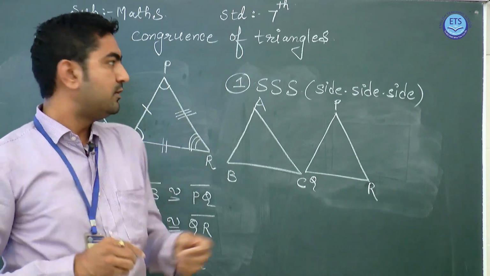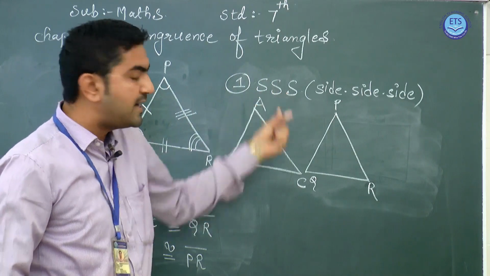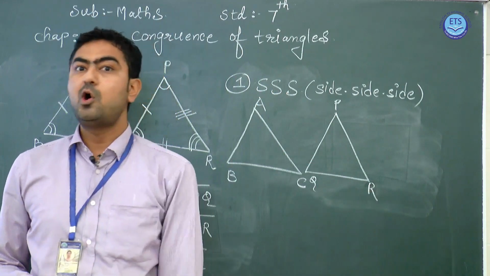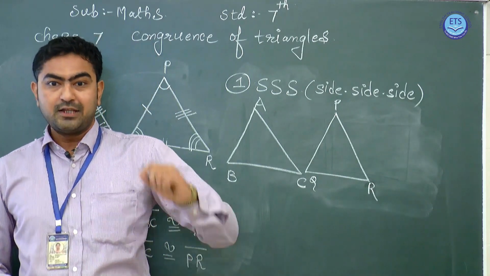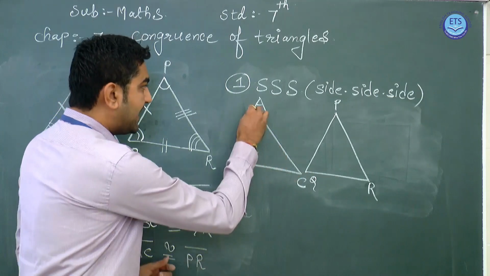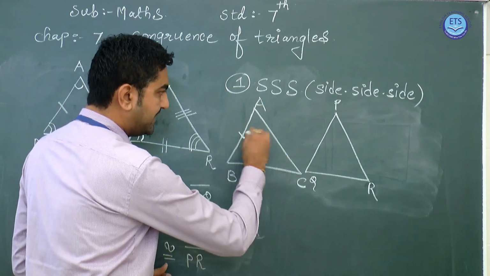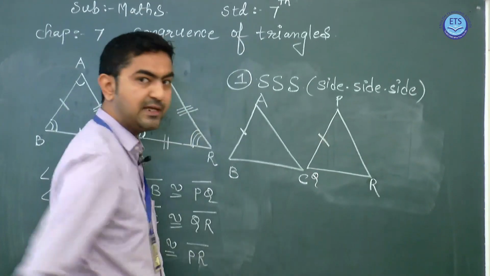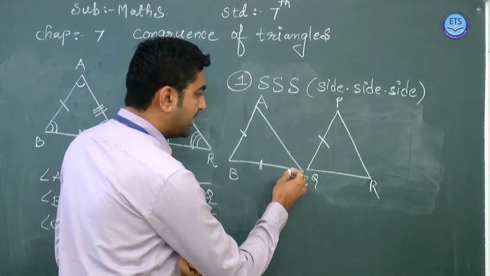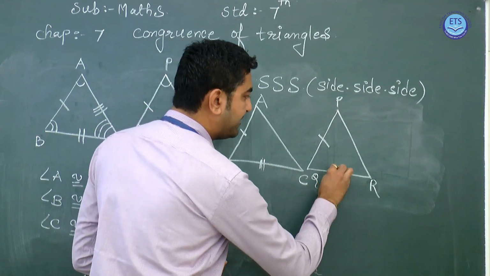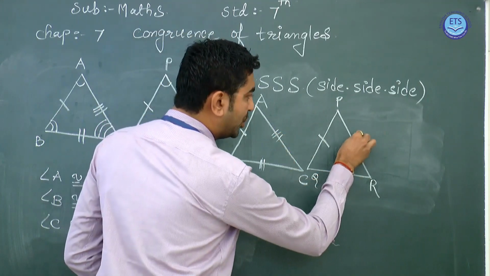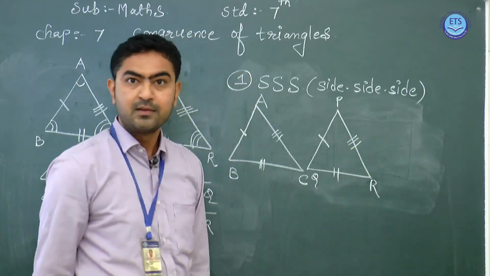Now we are taking the first criterion to prove two triangles are congruent. The corresponding sides: line segment AB corresponds to line segment PQ, line segment BC corresponds to line segment QR, and line segment AC corresponds to line segment PR.